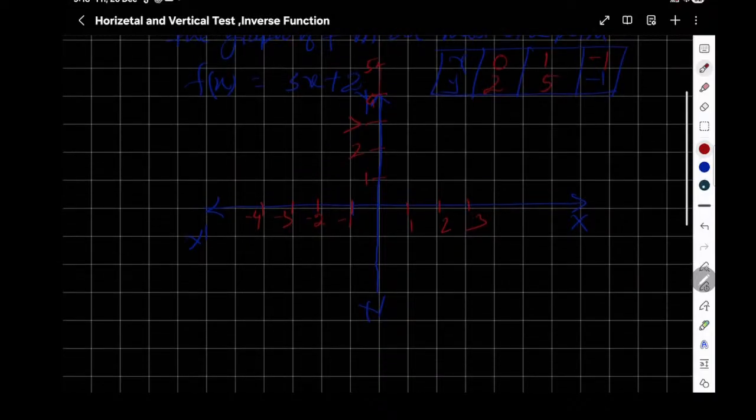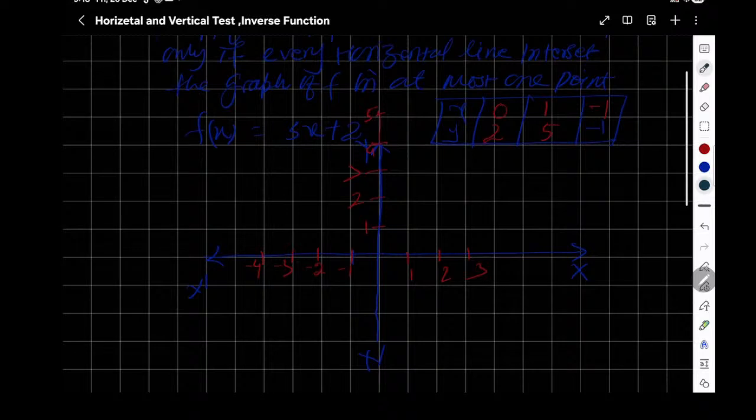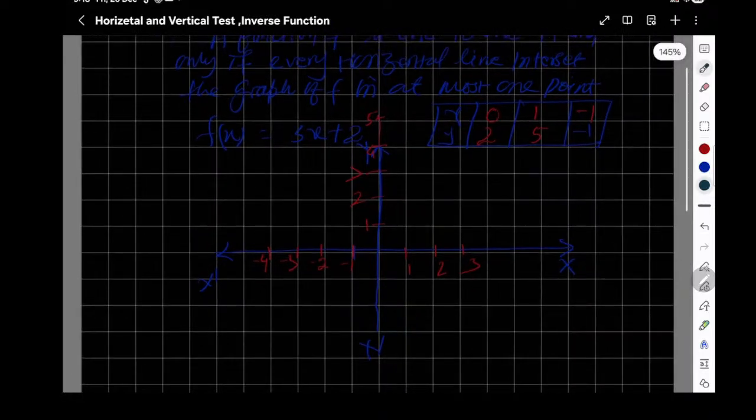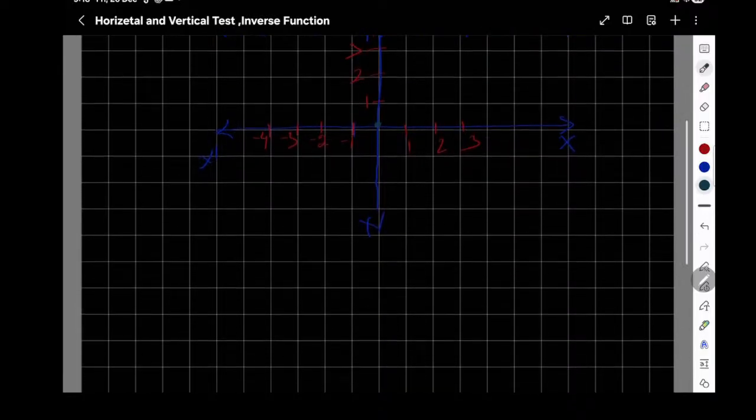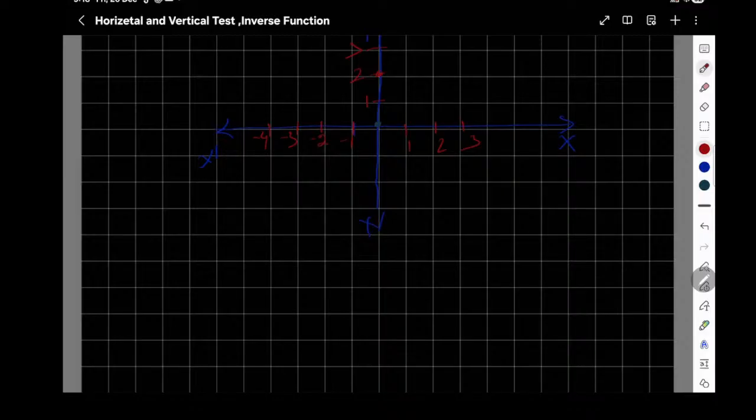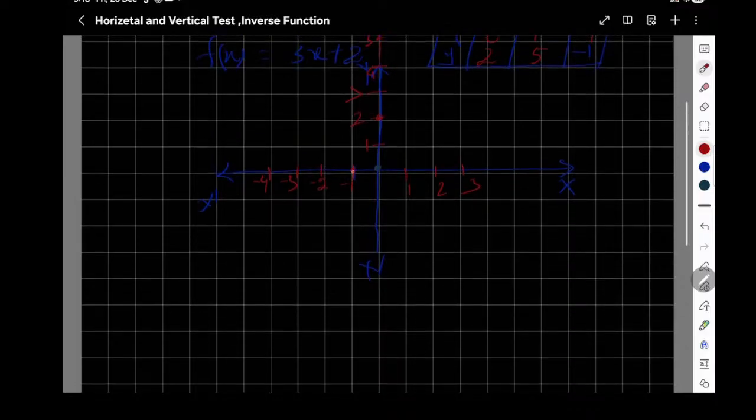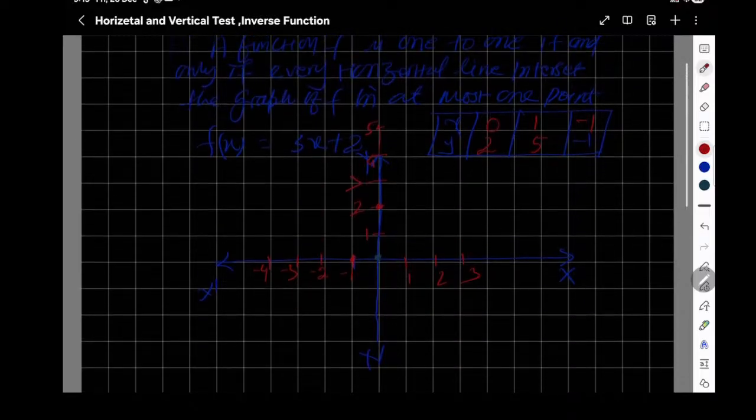If I draw the graph of the line according to our table: x = 0 gives y = 2, x = -1 gives y = -1, and x = 1 gives 5. So the graph looks like this.